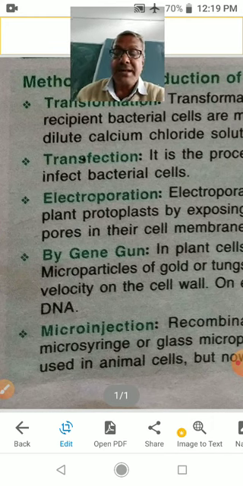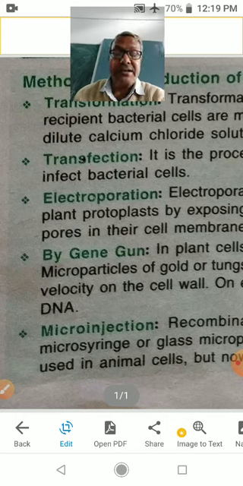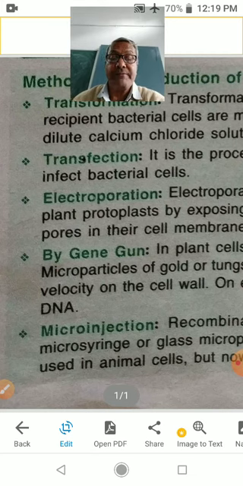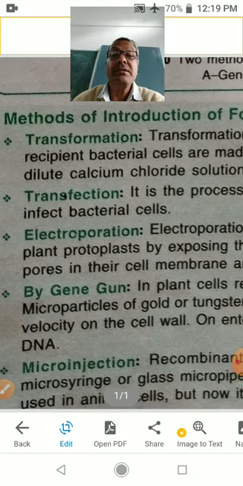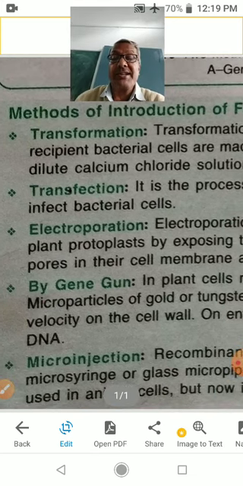Transformation is uptake of foreign DNA by a cell from its surrounding. So what is the transformation? Uptake of foreign DNA by a cell from its surrounding.